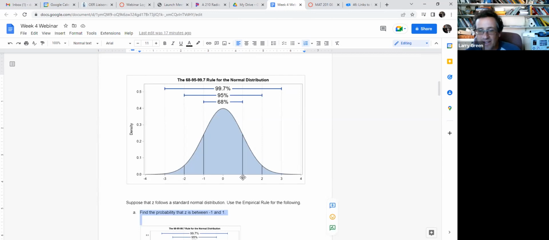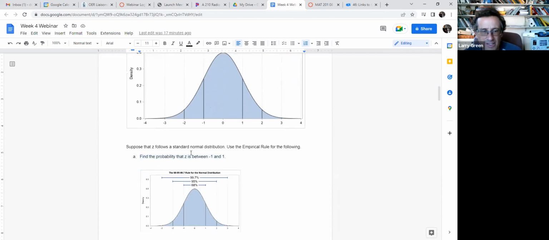Okay, good. It looks like those who popped in their ideas saw that, based on the empirical rule, the probability that Z is between -1 and 1 is 68%, or even better, 0.68.